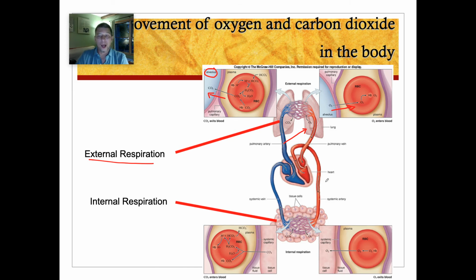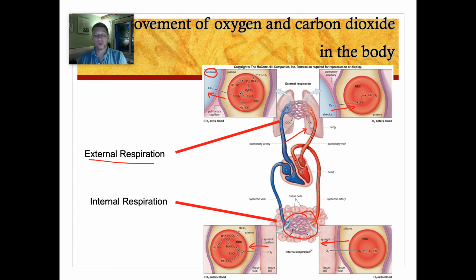Now the blood that is free of carbon dioxide but rich in oxygen runs down to the left side of the heart and then eventually out to the body cells. In the capillary beds in the body cells, the opposite process now occurs. Oxygen-rich blood will give up its oxygen to the tissue cells, and carbon dioxide will diffuse out of the tissues and into the blood.